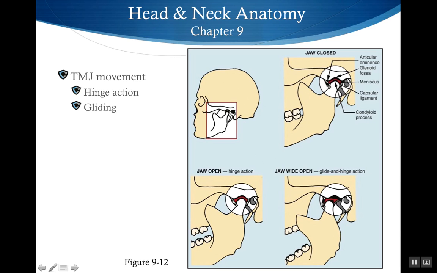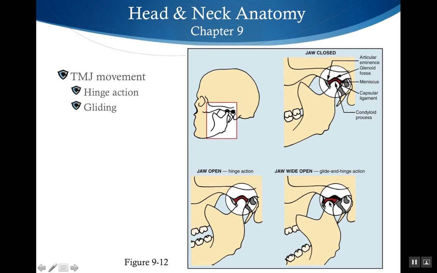Here we've got the articular eminence, the temporal bone, the glenoid fossa, and the disc in between the temporal bone and the condyle of the mandible. You can see the hinge action, and then the gliding and hinge action. The condyle and the disc glide forward and downward along the articular eminence.